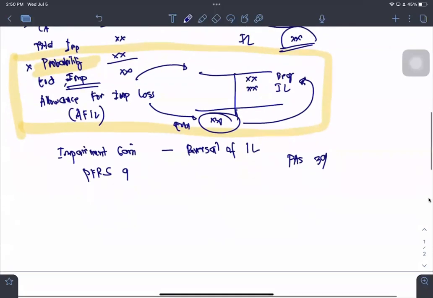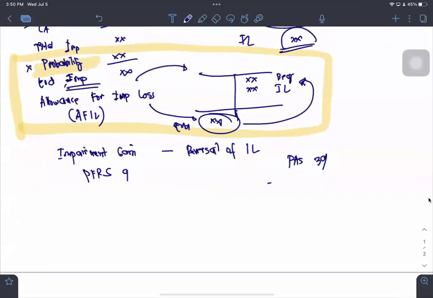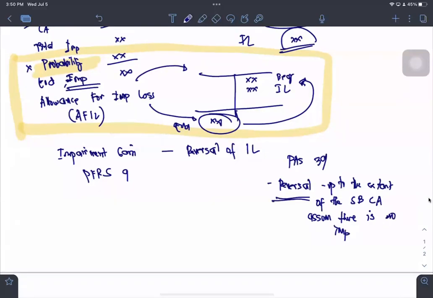Before, under PAS 39, the reversal must be up to the extent only of the should-be carrying amount, assuming there is no impairment. Therefore, there is a limit here. What is the limit? The should-be carrying amount.